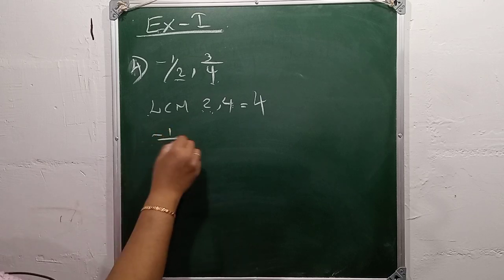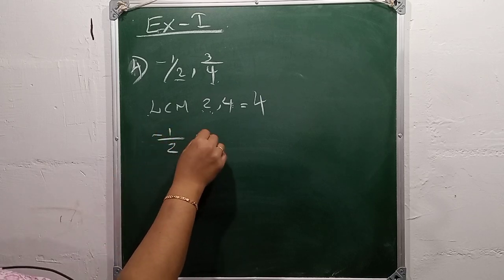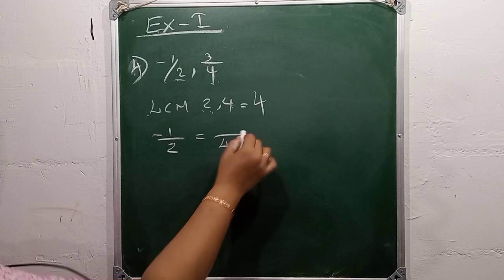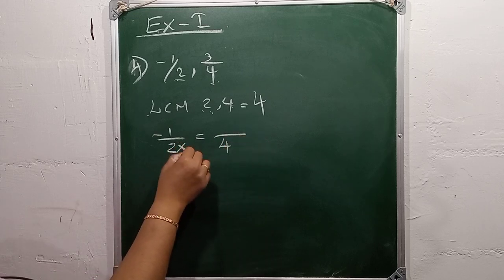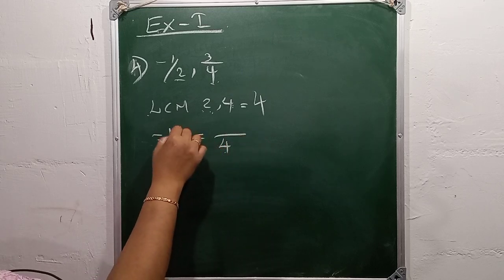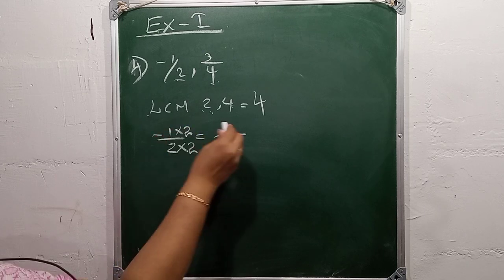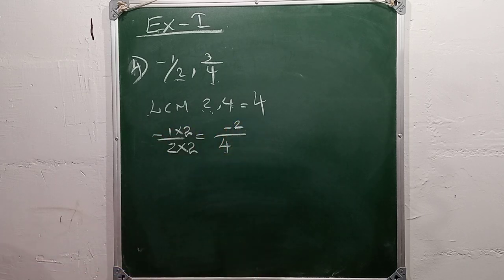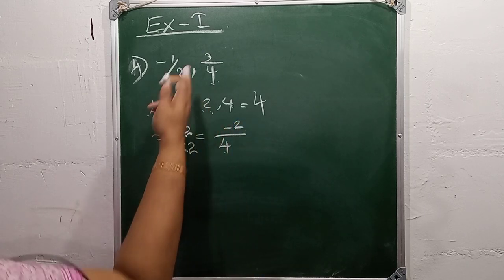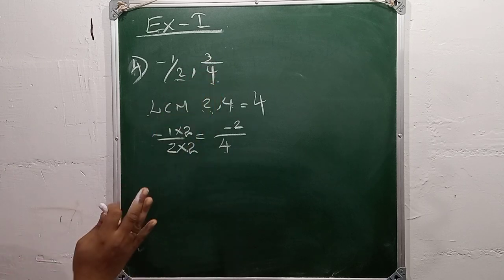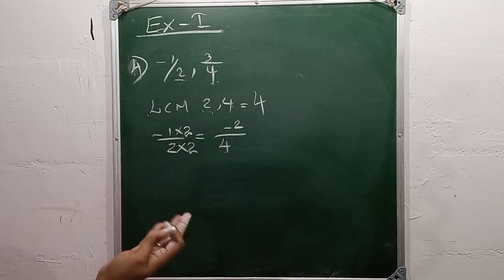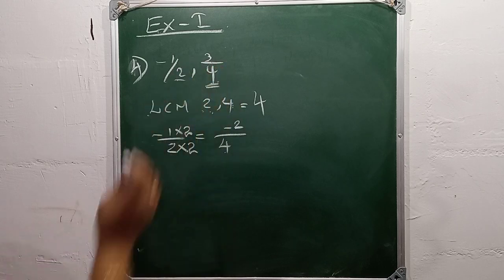Then first I am going to find an equal fraction of negative 1 by 2 with the denominator 4. For that, 2 into 2 is equal to 4, then negative 1 into 2 is equal to negative 2 by 4. The other one is 3 by 4 itself, no need of another fraction because the denominator is 4 itself.